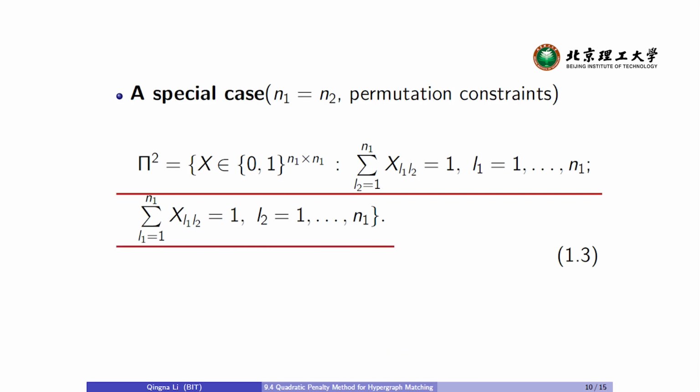In other words, when V1 and V2 have the same size, each point on the left-hand side can only be matched to one point in the other set. Conversely, it is also the same. Therefore, we have 2 constraints for the special case N1 equals N2.